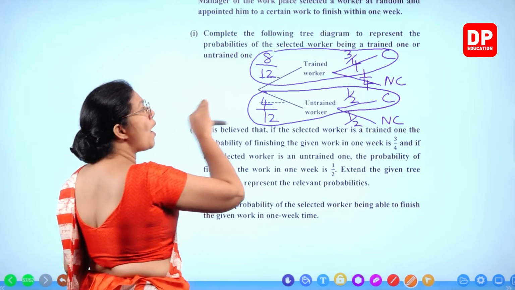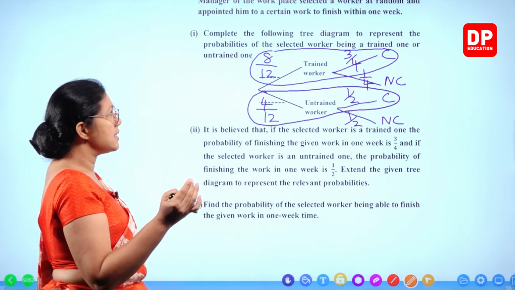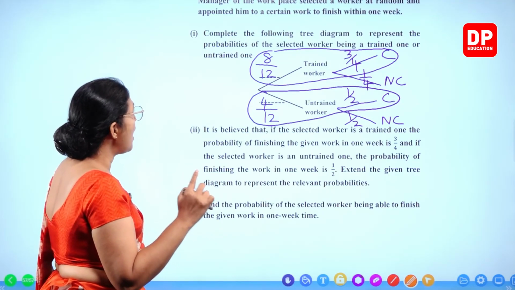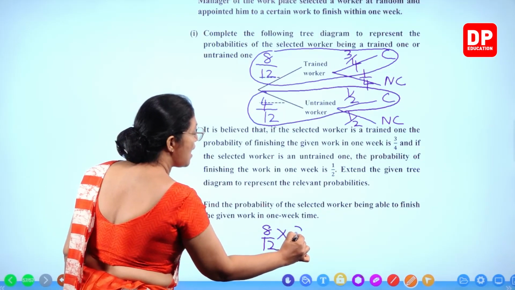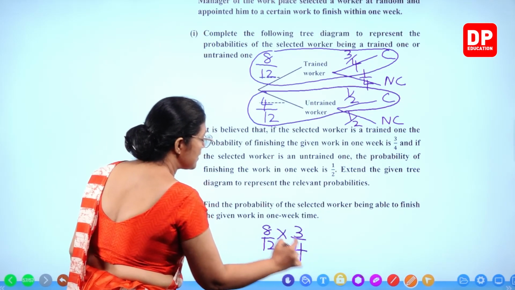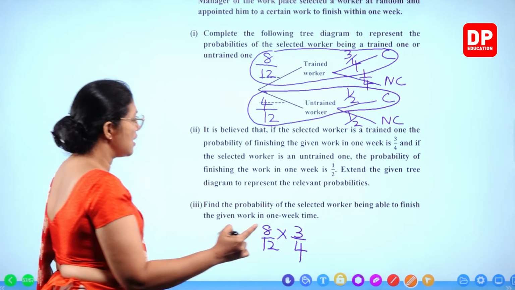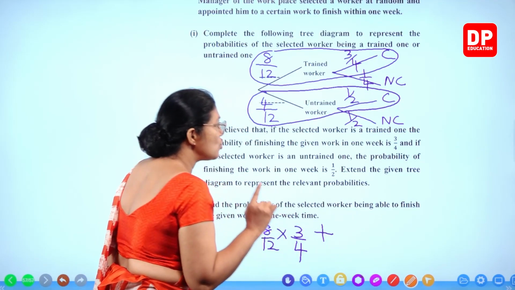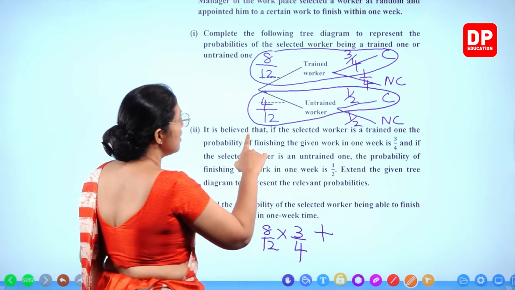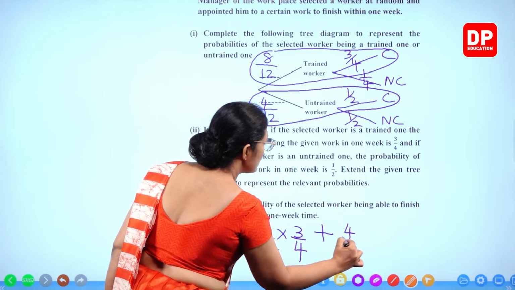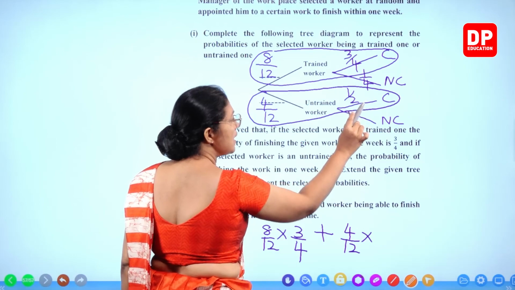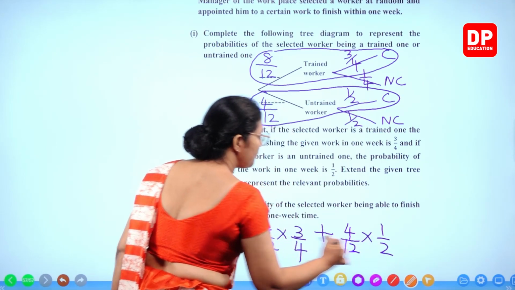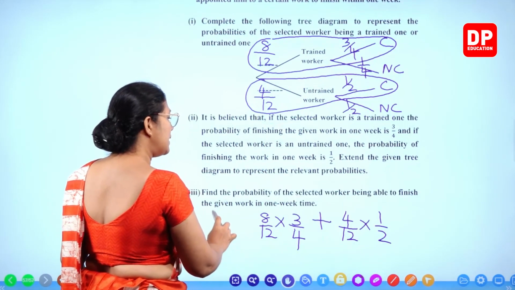So when you take one branch, you multiply the probabilities. So what is the first part? Trained worker completing the task within 1 week. So that's 8/12 into 3/4. Or means addition in probability. Untrained worker, that's 4/12, completing the task within 1 week is half. So what is the total probability?